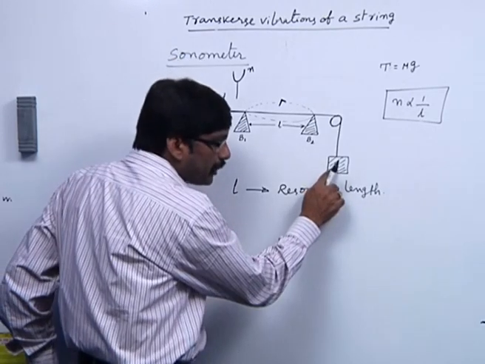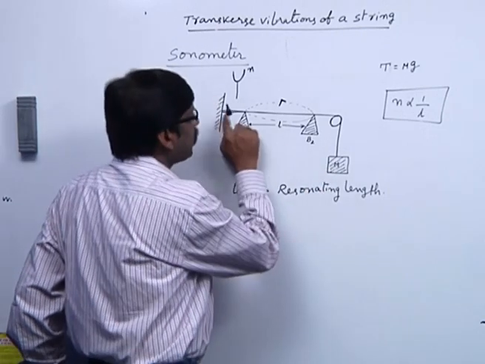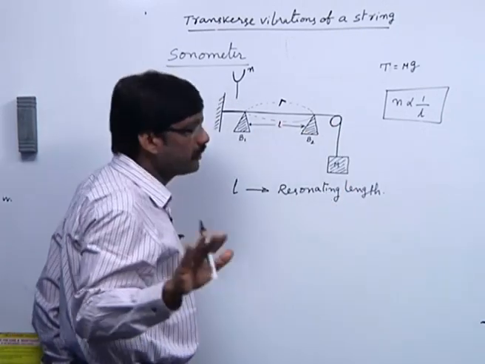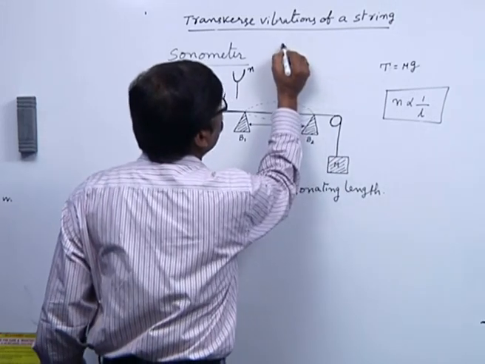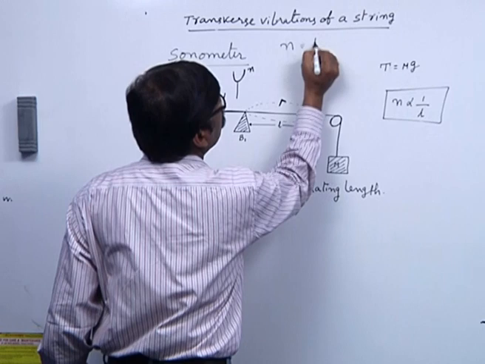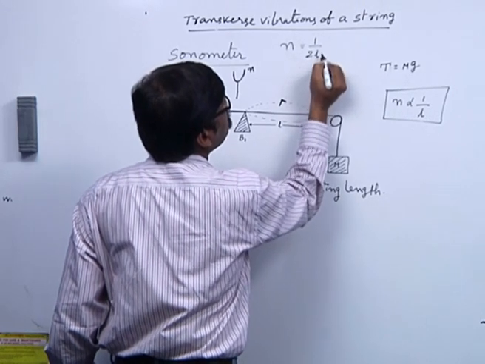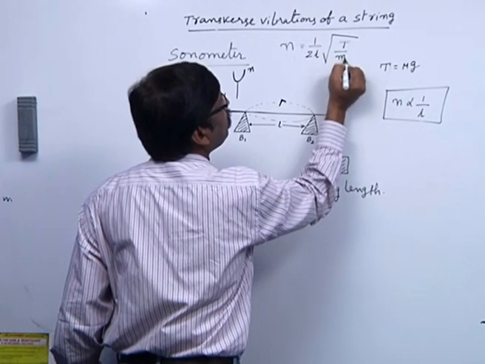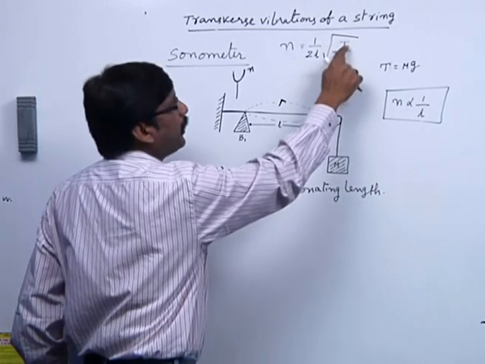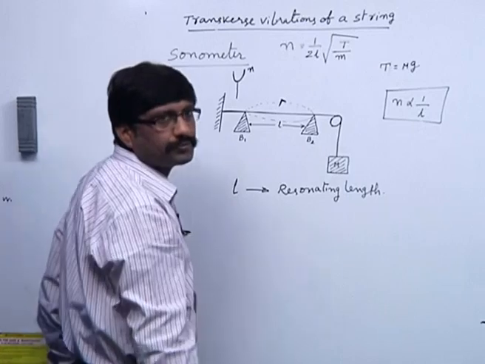If I keep this weight constant, the tension remains constant throughout the experiment. With the same wire, linear density remains constant, like n is equal to 1 by 2L into root of T by M. I am keeping T and M constant.